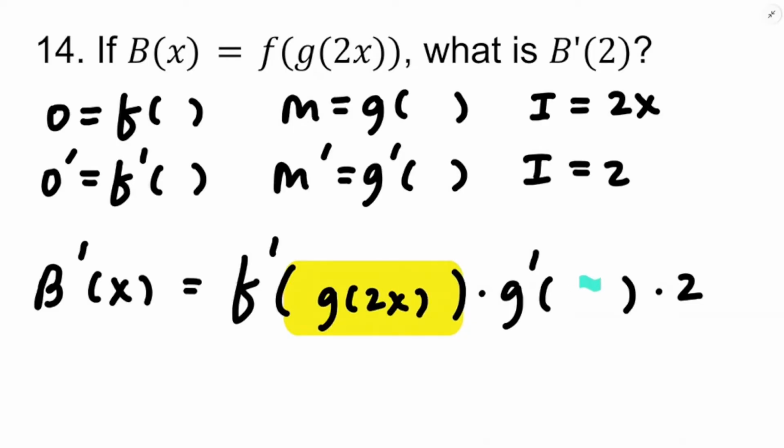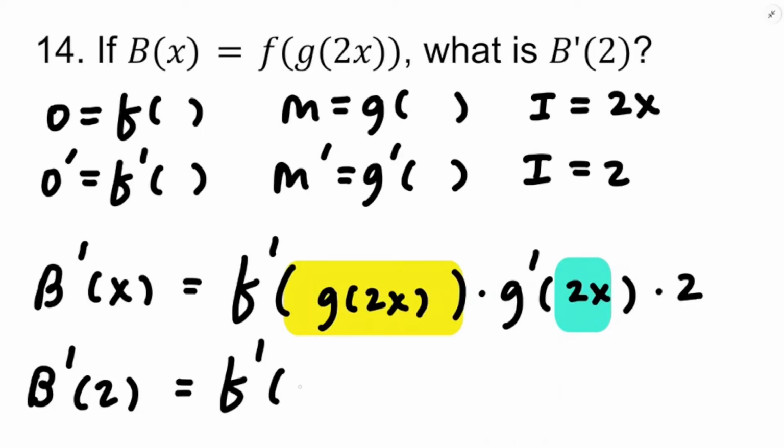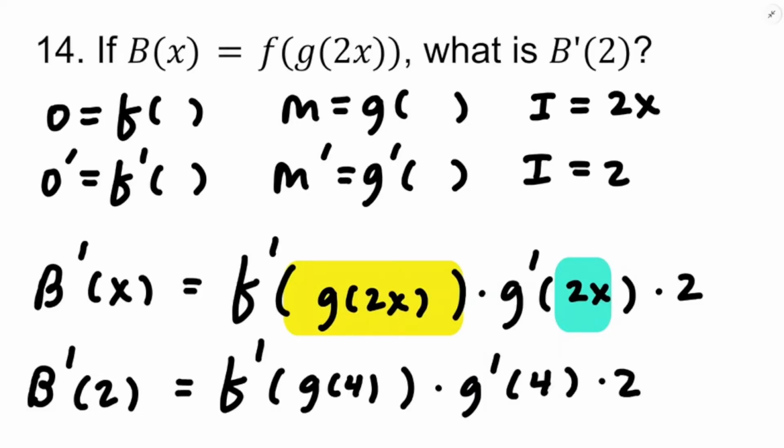What goes on the inside of g prime is what originally went on the inside of g, which was 2x. And then I've got a formula I can plug into: b prime of 2 is f prime of g of 4, probably just going to use an eraser for that one, times g prime of 2 times 2 for the chain.